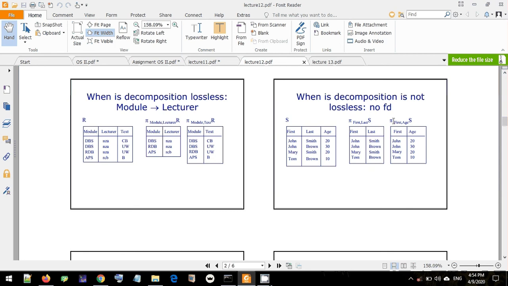Now the projection of S on first and age: there is a John with age 20, there is a John with age 30. It clearly signifies that these are two different persons having the same name, but it doesn't cause redundancy, so it's quite okay to write them out. Mary, John, Mary and Tom.